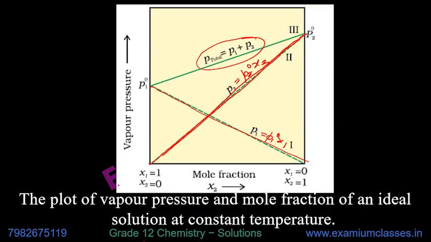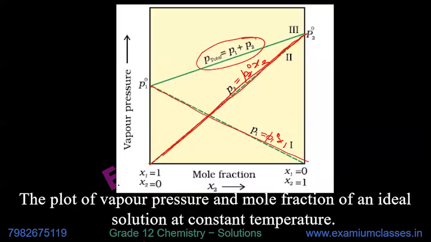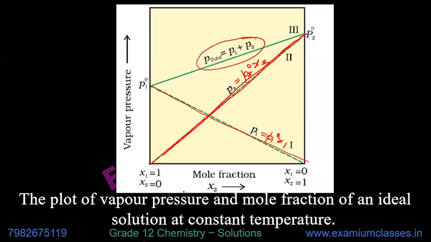So you just need to understand that these three lines are actually the graphs of P1, P2, and P total. If a question appears from here, you just need to substitute the values of mole fraction in this equation. So even if this graph is given, you need to understand the answer will be calculated by this equation only. This equation actually represents this graph.